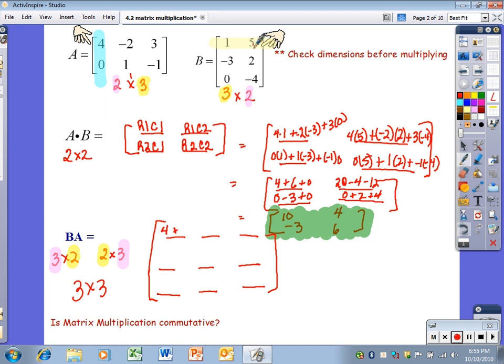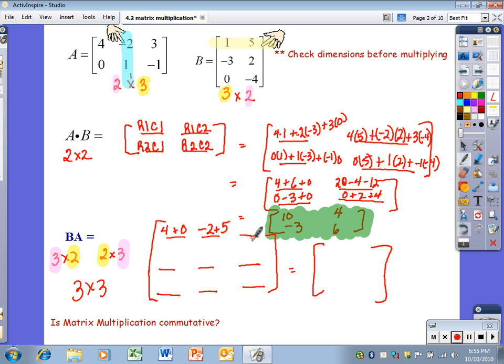Plus 5 times 0 is 0. This is in row 1, column 2. So still row 1, but now I'm multiplying it by column 2. So I have 1 times negative 2 is negative 2. Plus 5 times 1 is 5.